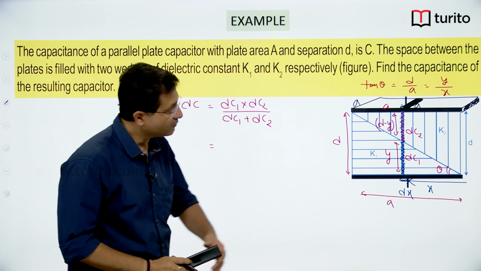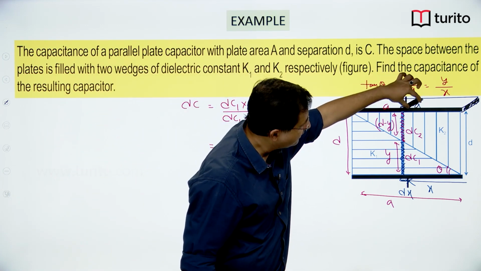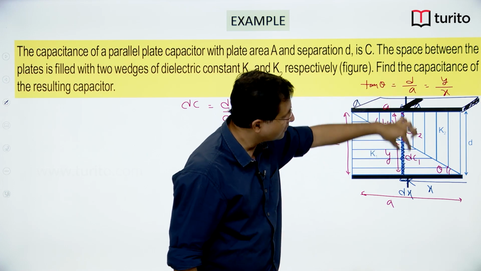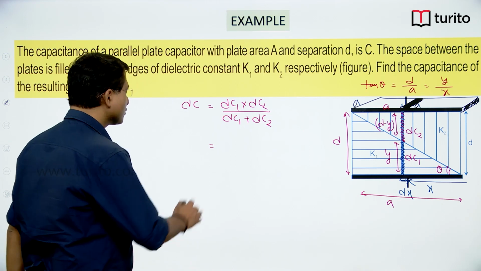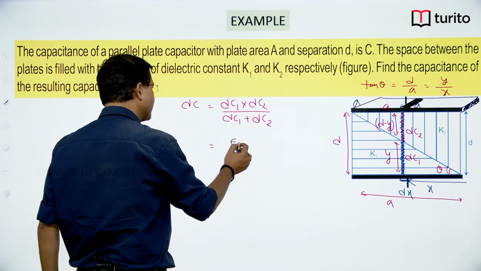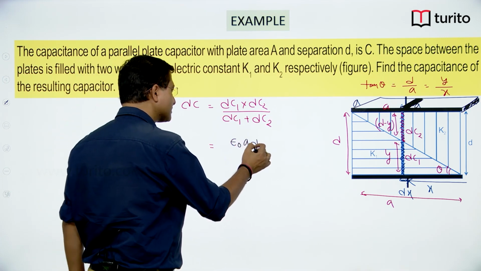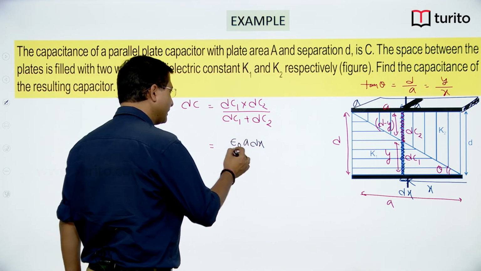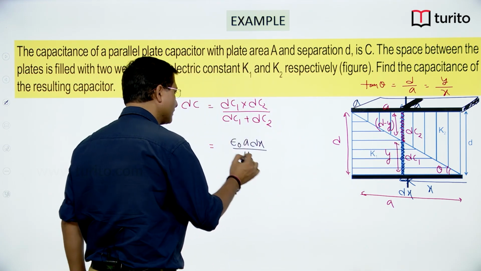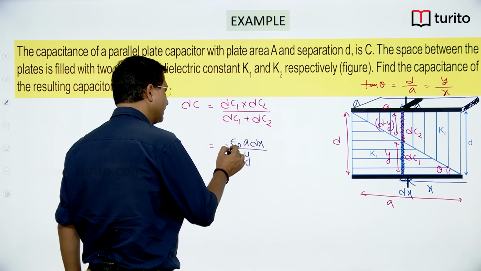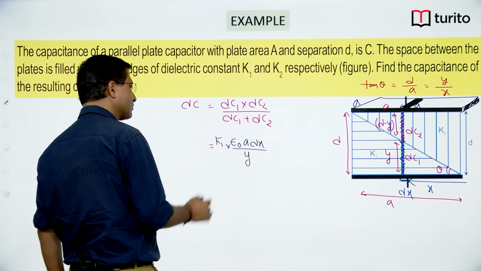Focus on this strip, this is a and this thickness is dx. So the area of this strip will be a dx. So the capacitance is epsilon naught a dx by d, I am writing for this one, d for this one is y, and into K1 the dielectric constant.